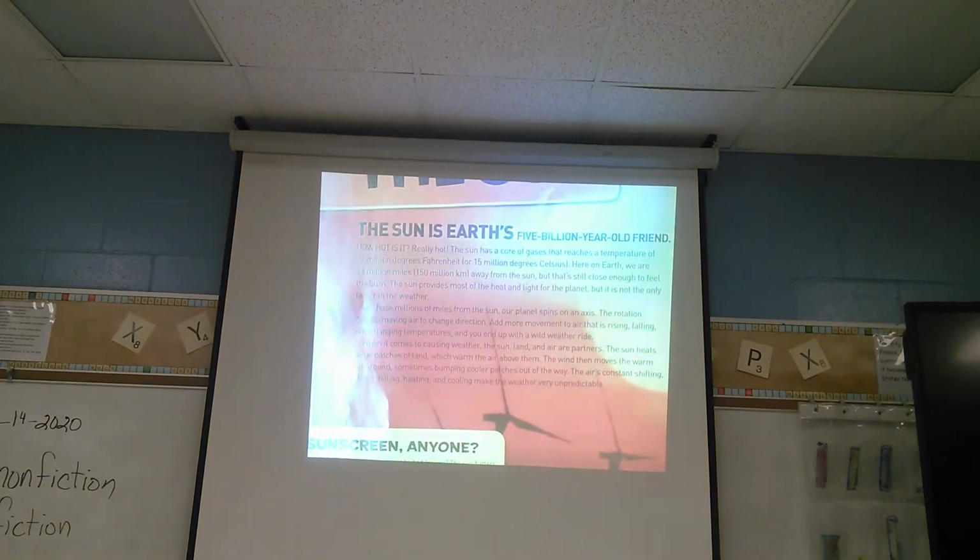Let me read the last paragraph. When it comes to causing weather, the sun, land, and air are partners. The sun heats large patches of land, which warm the air above them. The wind then moves the warm air around, sometimes bumping cooler patches out of the way.